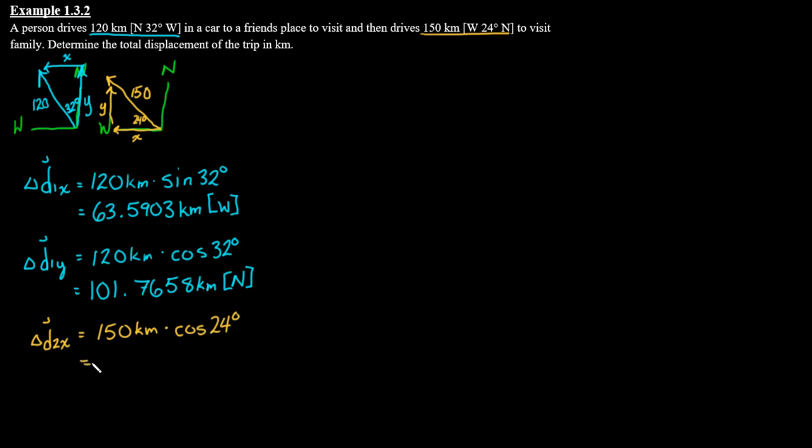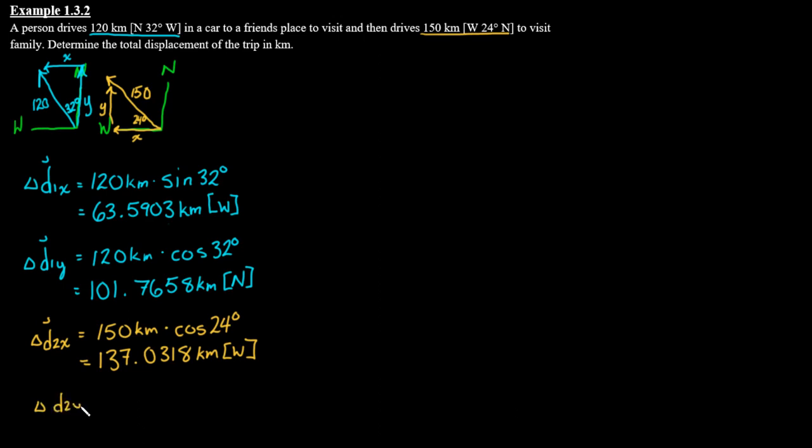150 times the cos of 24 degrees gives me 137.0318 kilometers. Again, this is in the west direction.